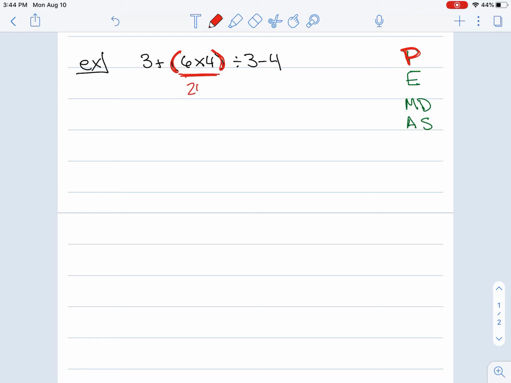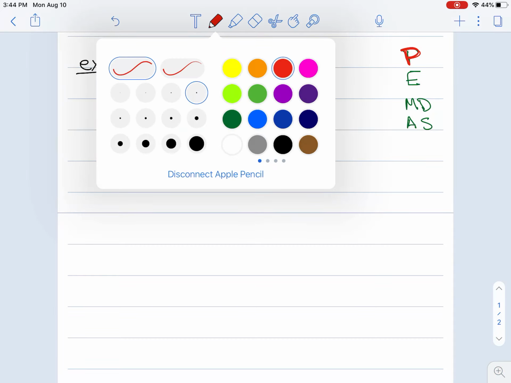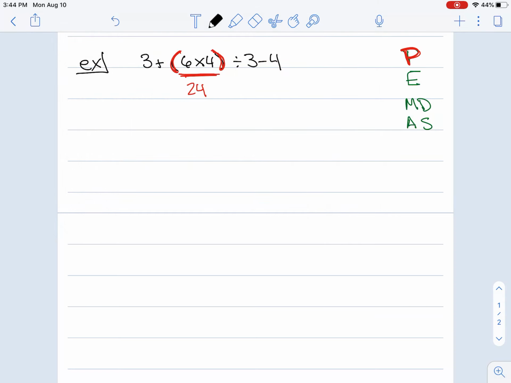So 6 times 4 is 24. And I'm going to rewrite everything else. I'm just bringing it straight down. I don't bring the parentheses down anymore. I got rid of those. I bring down the division sign. I bring down the 4.